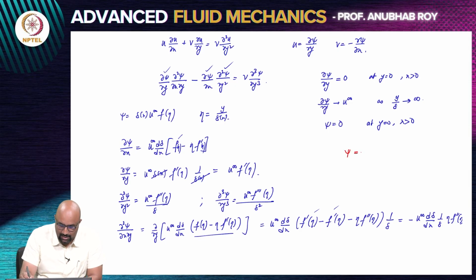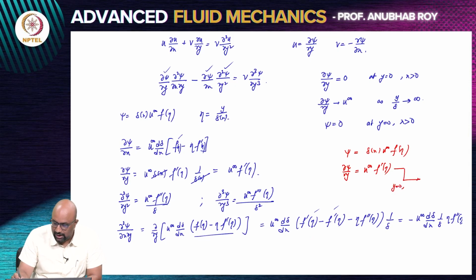If psi is delta of x u infinity f of eta, then dou psi dou y we have already computed to be u infinity f dash of eta, which means at the plate, y equals 0, it implies eta is equal to 0, f dash of 0 is equal to 0.